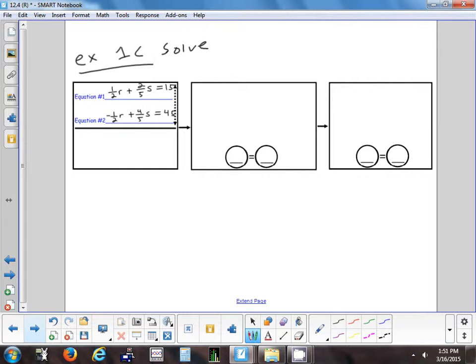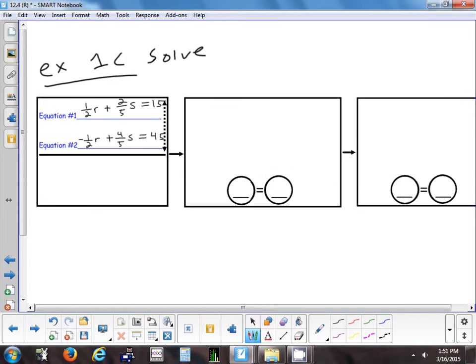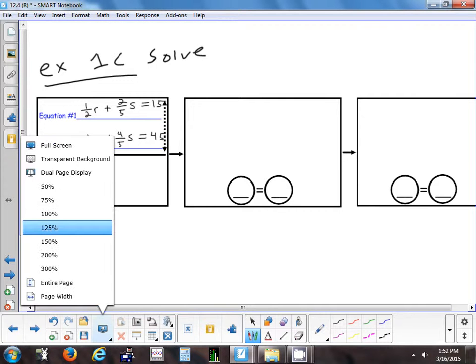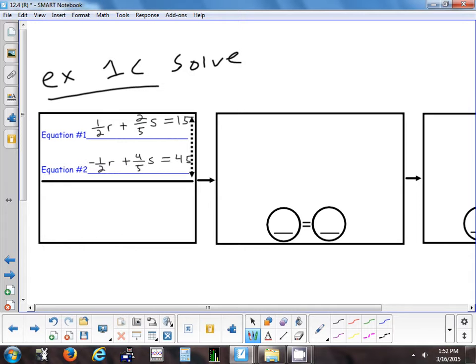Why did you put fractions on this? Today, because fractions are part of what we're doing. Yeah, guys, the top is 1/2 r plus 2/5 s equals 15. Bottom, negative 1/2 r plus 4/5 s equals 45.